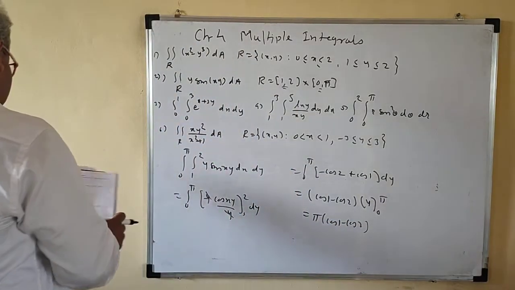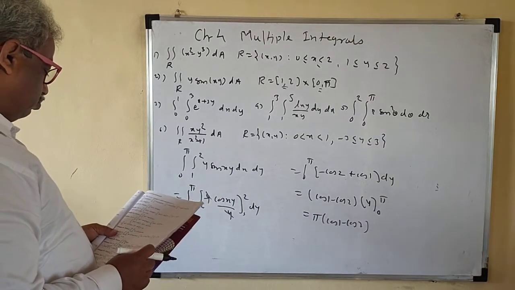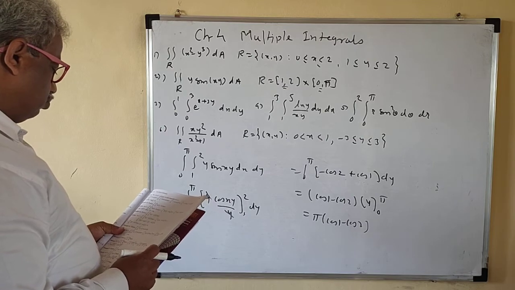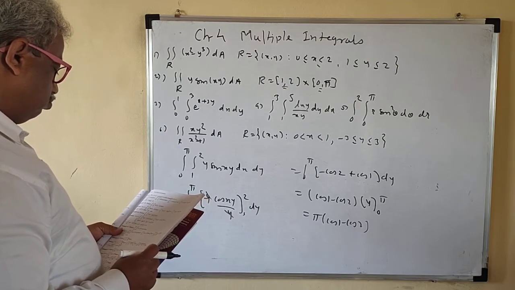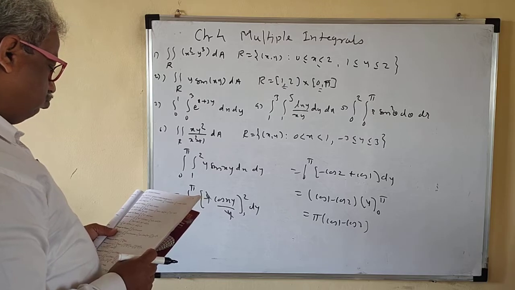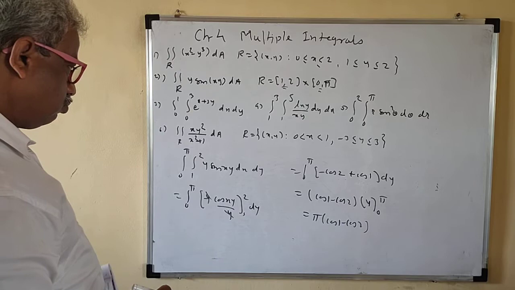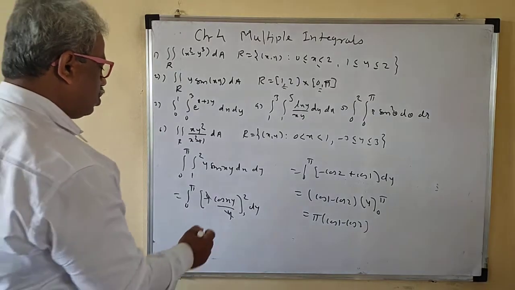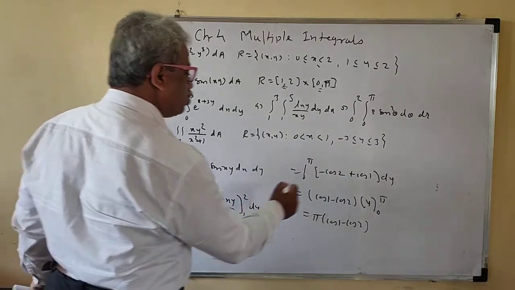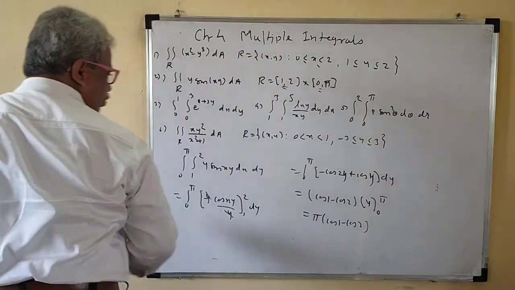So this is very simple. Oh, this is not cos 2, it should be cos 2y. This is cos y.